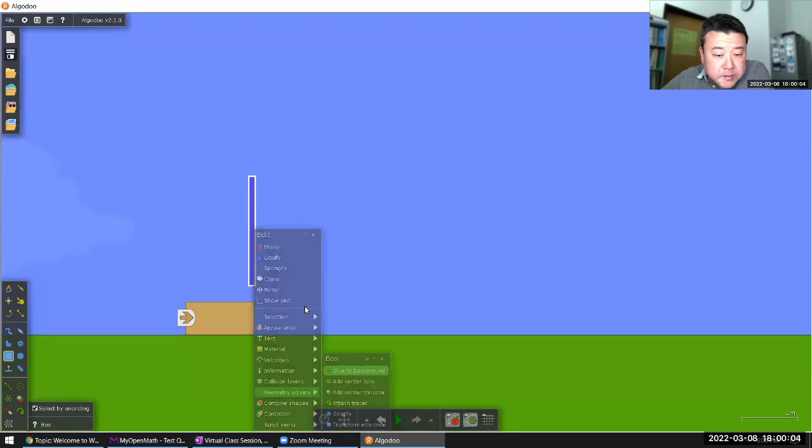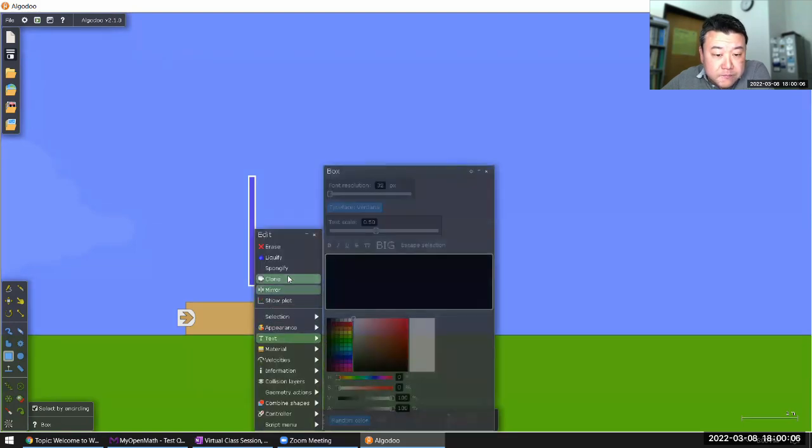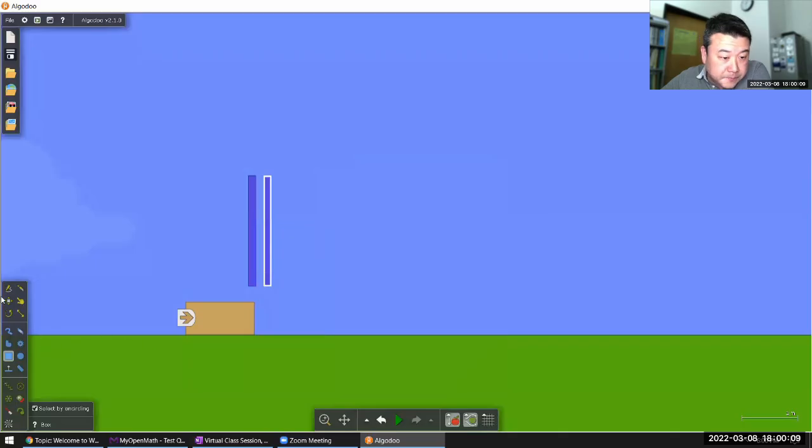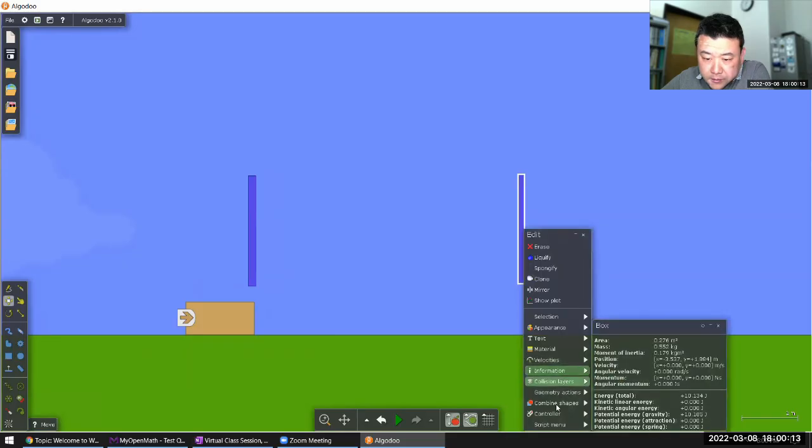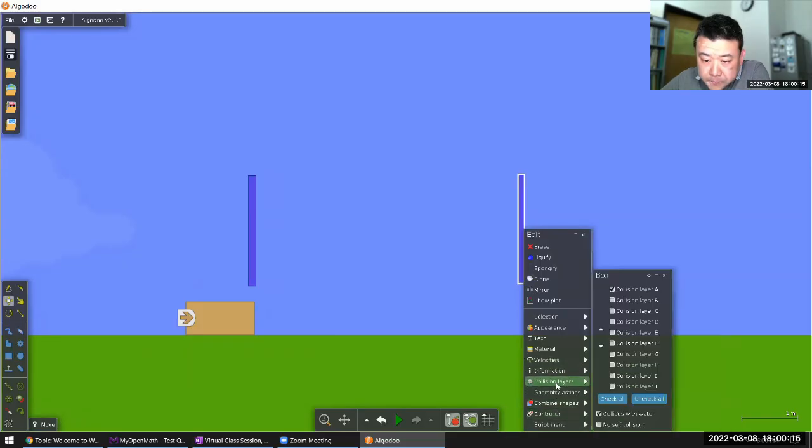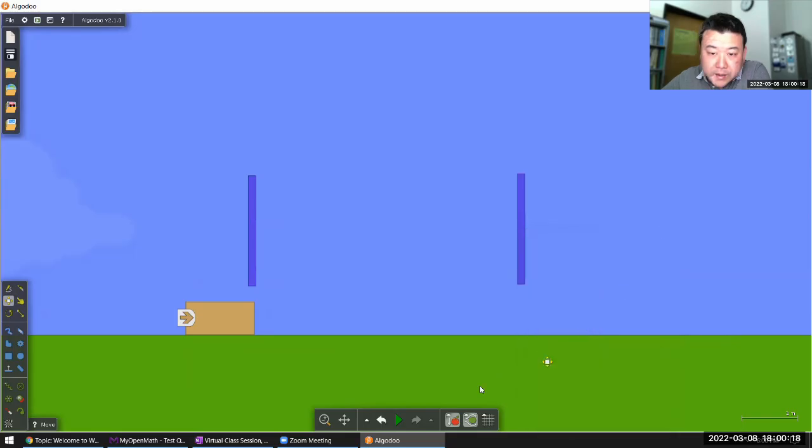I want this blue to be glued to the background. Let me clone it. I don't know if a cloned thing is also glued to the background. Oh yeah, it's glued.